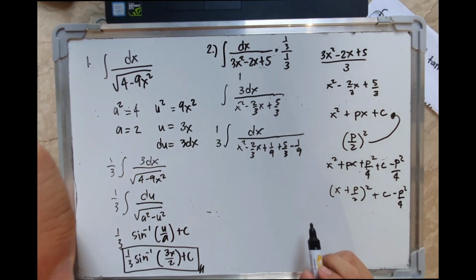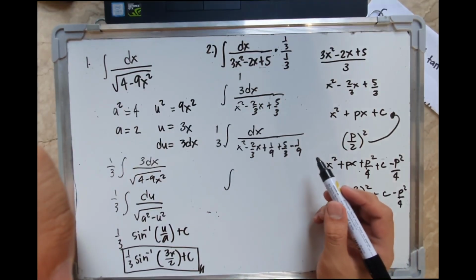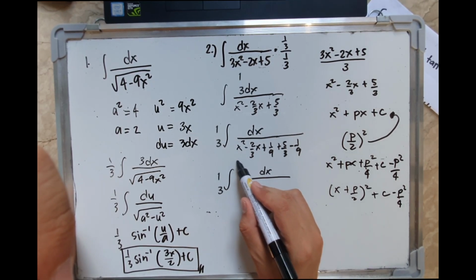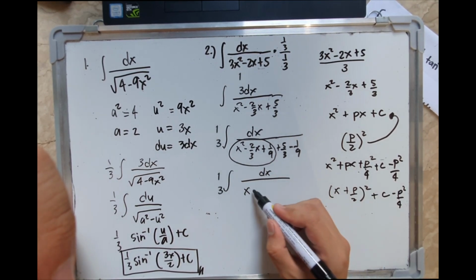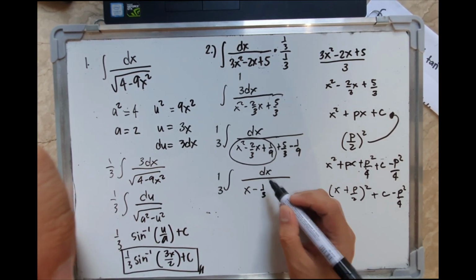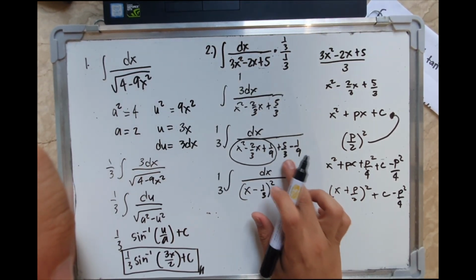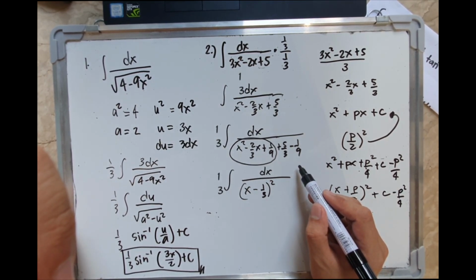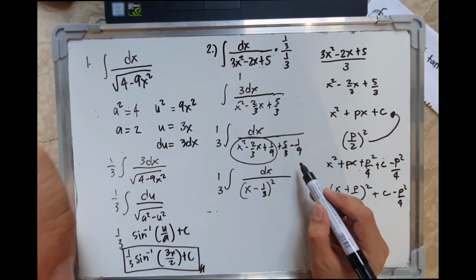Okay, so let's begin. So we have right here dx over, this one can be factored, x minus 1/3 squared. How about this one? So 5/3 minus 1 over 9, that is equivalent to 14 over 9.